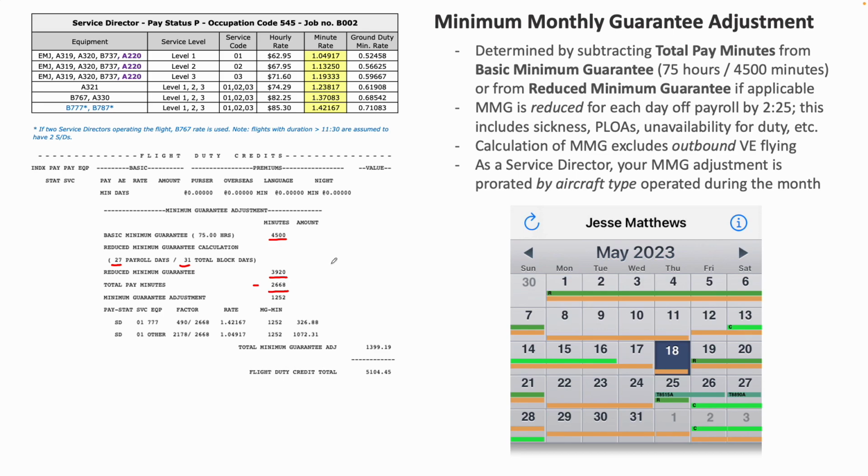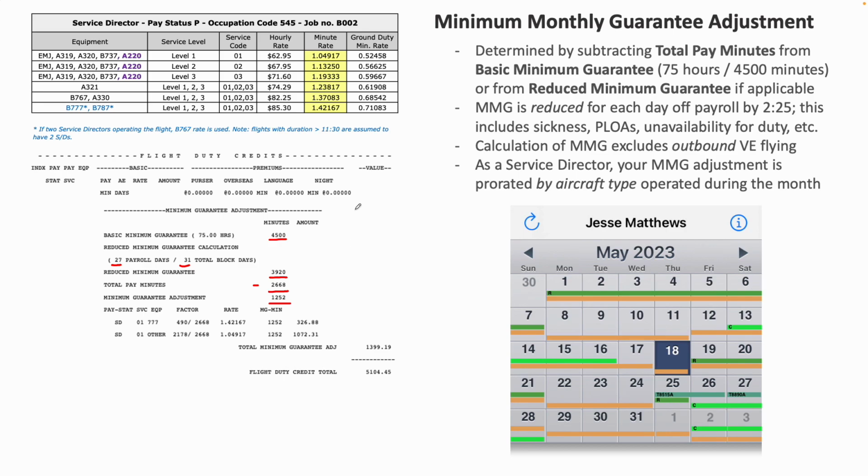So 3,920 minus 2,668 is in fact equal to 1,252. So assuming my reduced minimum guarantee is correct, that would be the amount of time that I need to be paid for in my top-up.